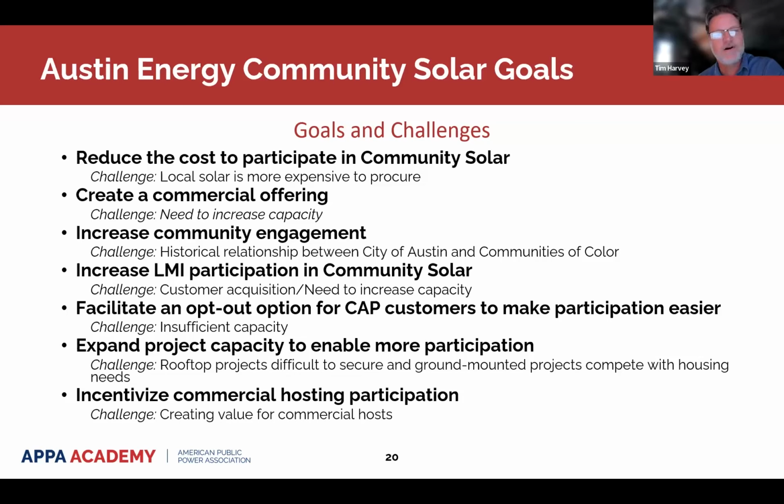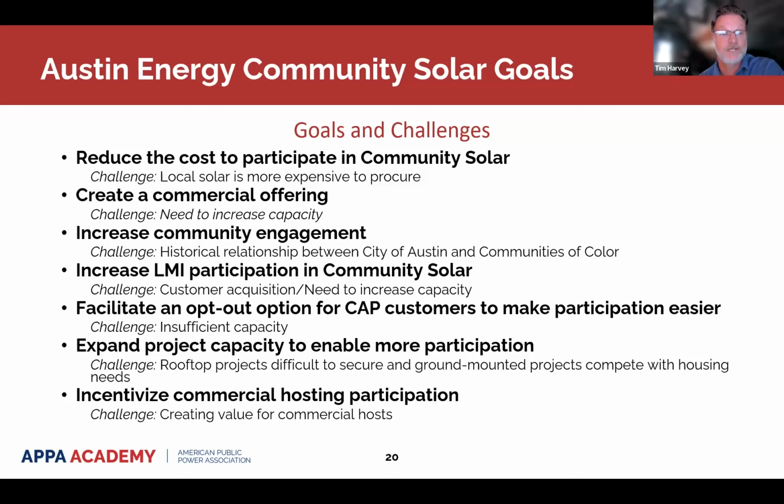Right now our offering is only for residential, but we're looking to create a commercial offering as well. One of the things that commercial customers are more interested in these days is the idea of load matching. Currently we have Green Choice, which is a wind product that we offer to commercial customers, and it matches on an annual net basis.